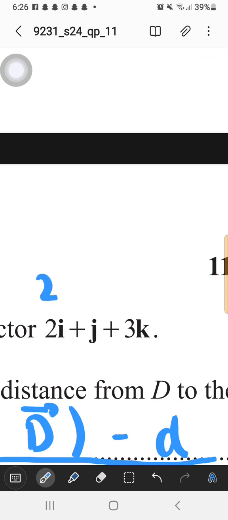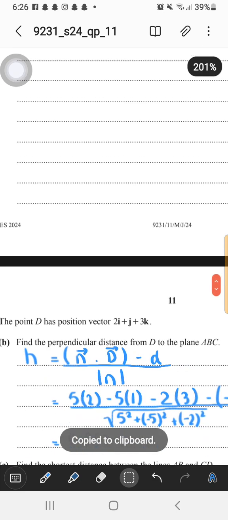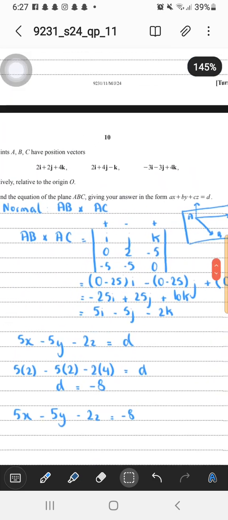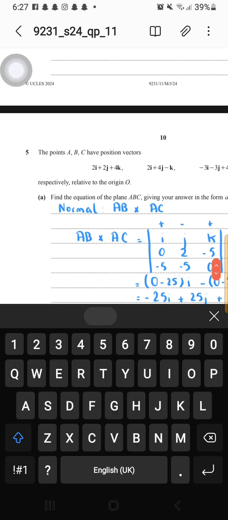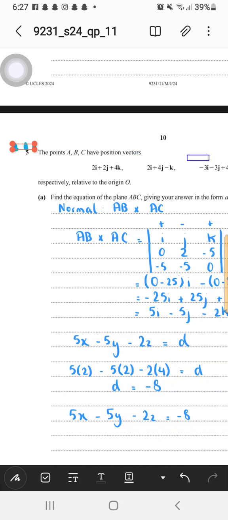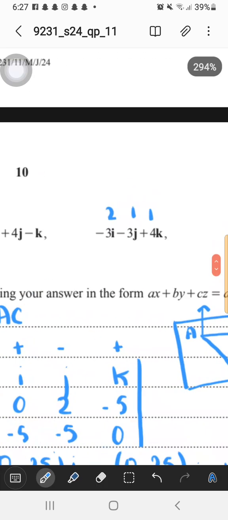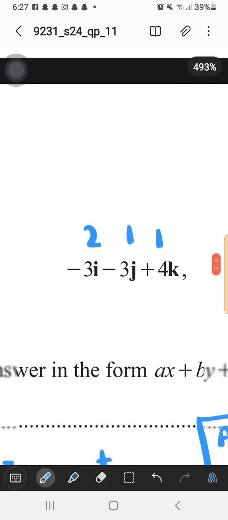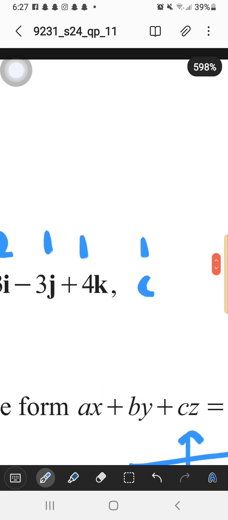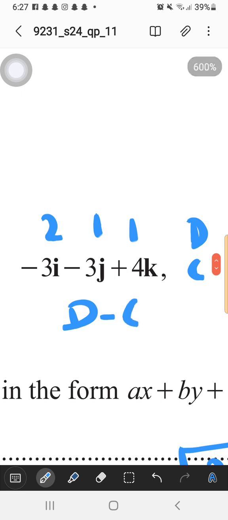This is 2, 1 and 3. Now paste it here so you can see easily how we are calculating it. No doubt you all know this because it is from O level mathematics. So CD, this is C and this is D, so to find CD it will be D minus C.